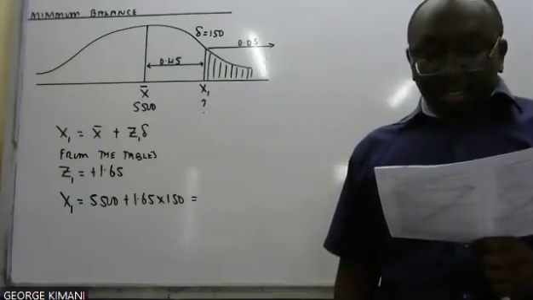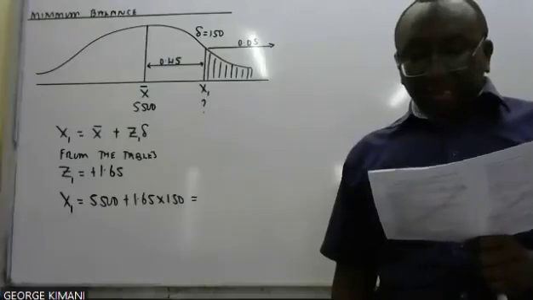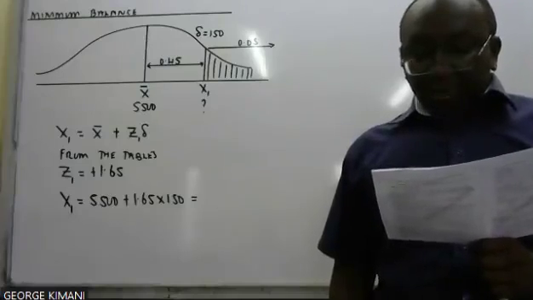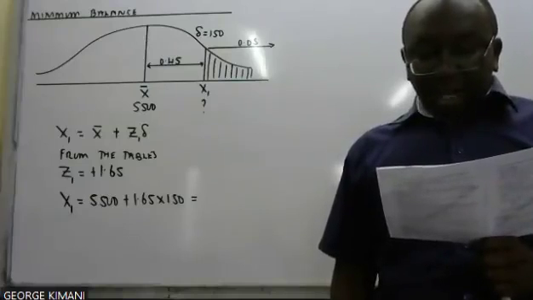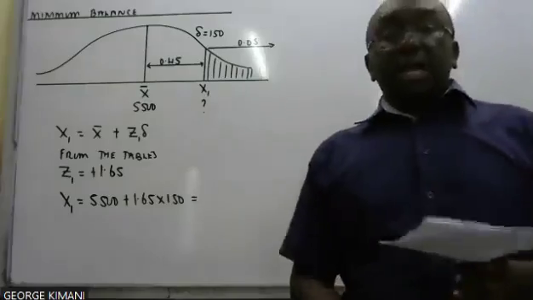So you are required, Roman 1, Greer Tire Company will distribute the tires if 20% of the tires manufactured can be expected to last more than 40,000 kilometers. Should the company distribute the tires?